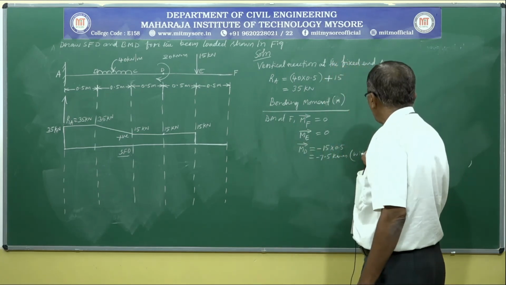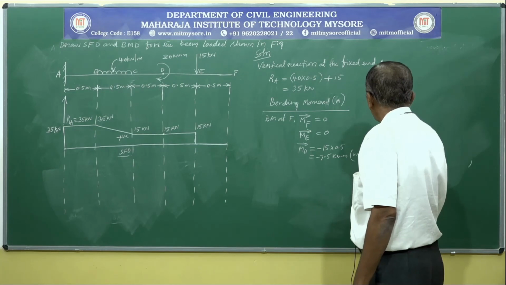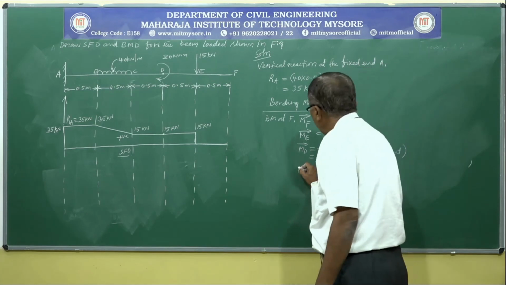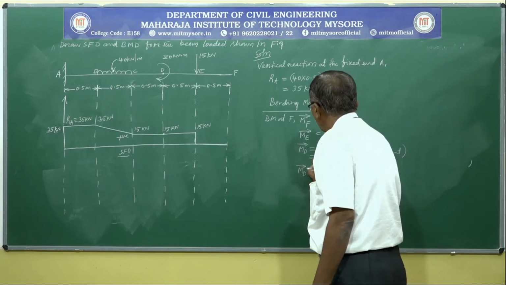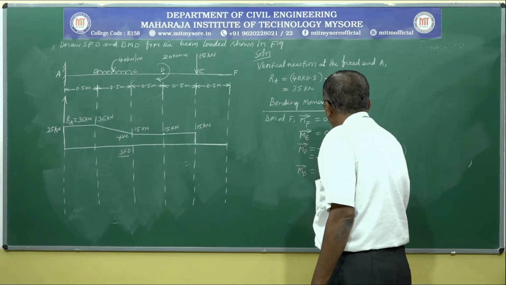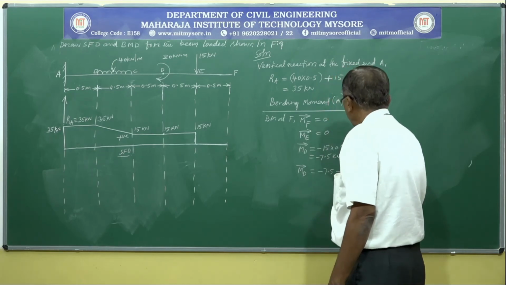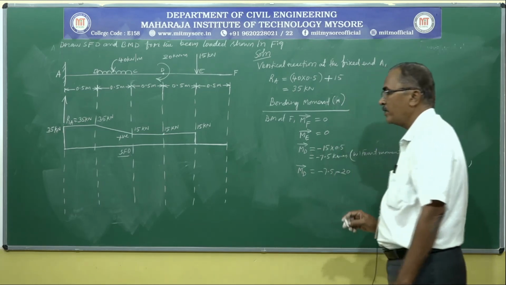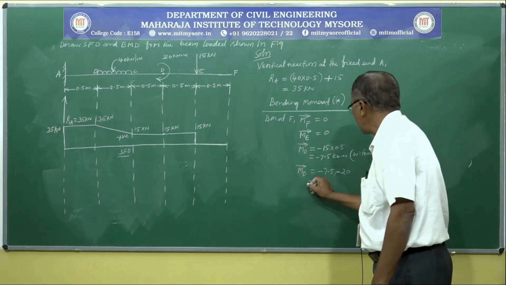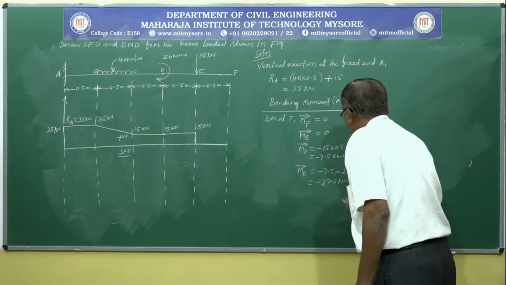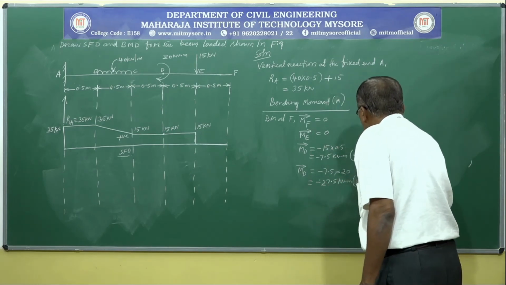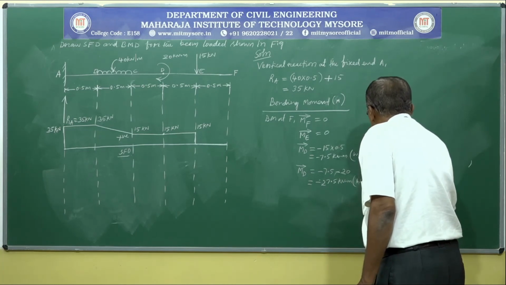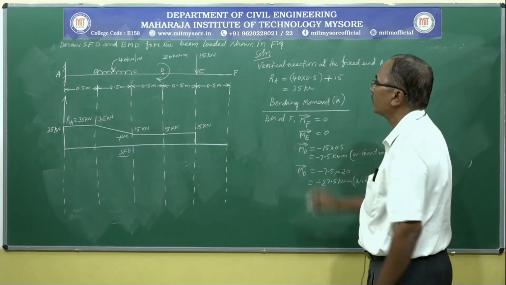At the external moment point, we need to calculate two bending moments. So this is without moment. Again at D, MD is equal to minus 7.5 minus 30, minus 20. A clockwise moment to the right hand side, clockwise also positive. That is equal to minus 27.5 kilonewton meter. This is with the moment.